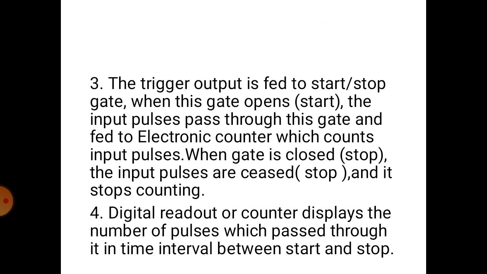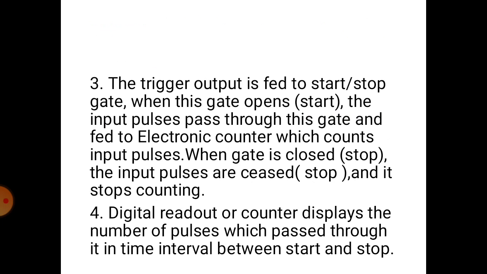Now the trigger output is fed to the start stop gate. When this gate opens, that is start, the input pulses pass through this gate and are fed to the electronic counter which counts the input pulses. When the gate is closed, that is stop, the input pulses are ceased and it stops counting.